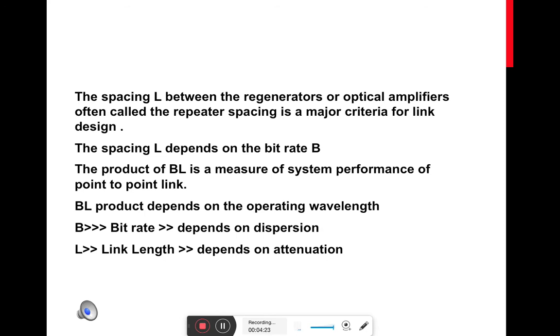Since the bitrate depends upon the operating wavelength, the product BL will of course depend upon the operating wavelength. So other types of losses that take place in a fiber are dispersion and attenuation. Because of the bitrate, there can be dispersion in an optical fiber, bitrate related dispersion. Also related to the length, we have other loss called attenuation.